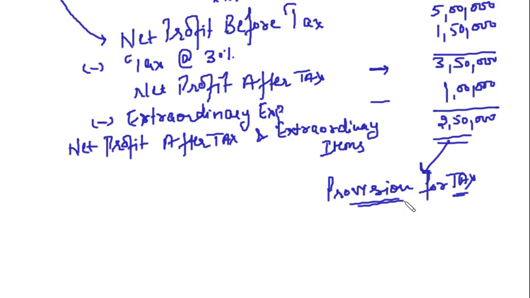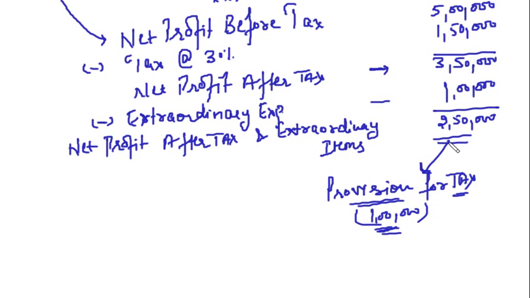So why not create a provision? What is provision? Creating provision. It means setting aside some amount for that specific purpose. So the business decides that we will say 1 lakh. Right?